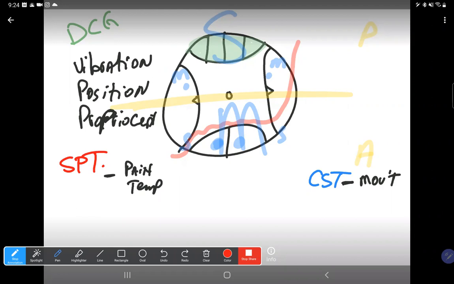That's upper versus lower motor neuron lesions. Fasciculations is another finding.